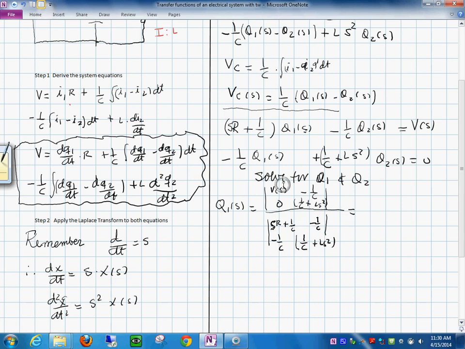So if you multiply this and then subtract this, you're going to have 1 over C plus LS squared times V of S, like that.